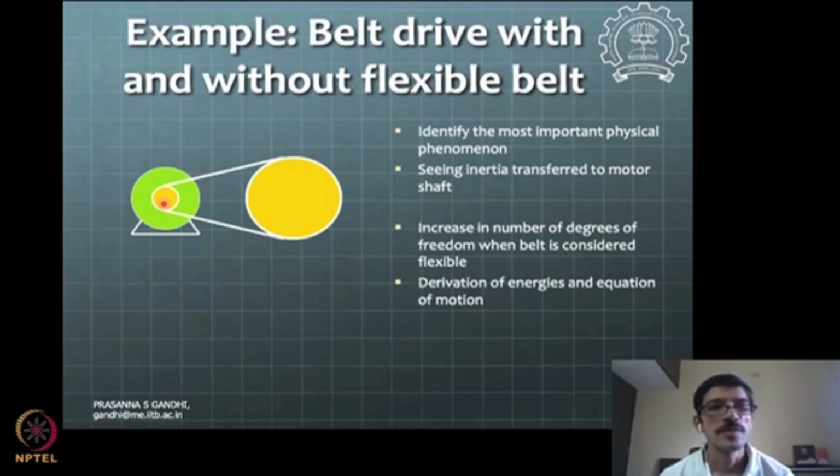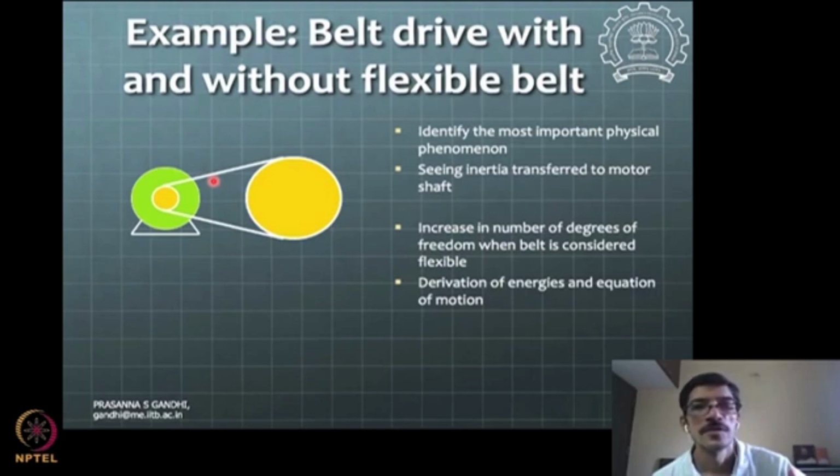Now if they are independent degrees of freedom, say theta m is given and theta l is given, can we find the extension in the spring? We will be able to find it, and once we have that extension, say delta, half k delta square will be our potential energy.